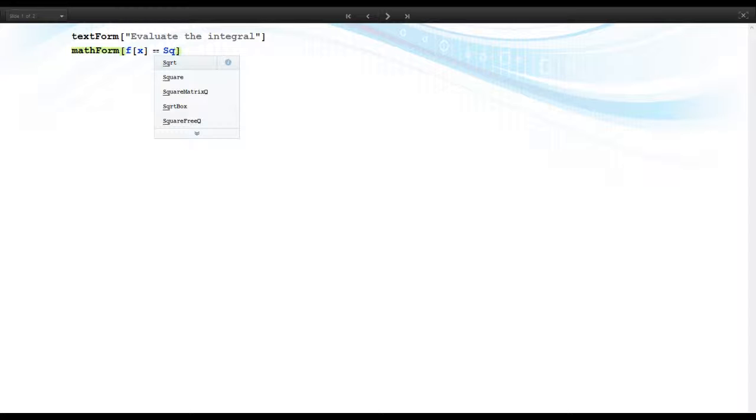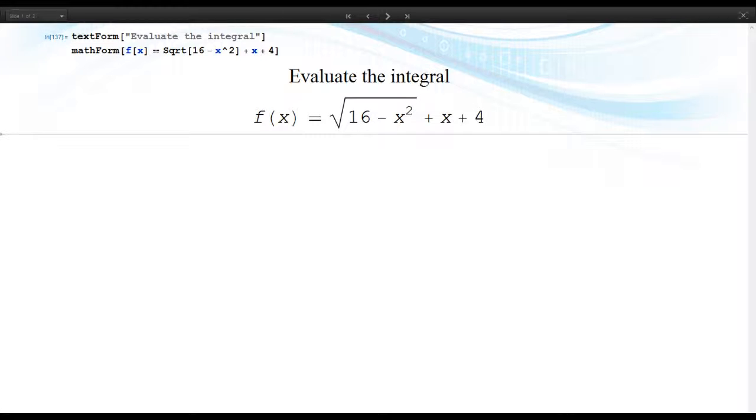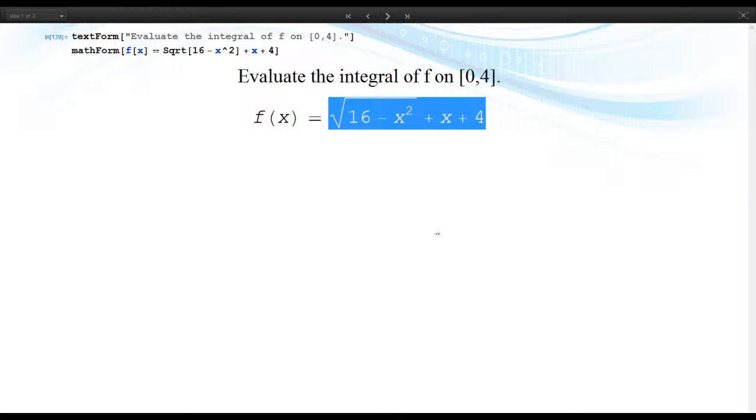Let's do the square root of 16 minus x squared plus, how about, x plus 4. So we're going to integrate this function on the interval from 0 to 4. There we go. So this function will be our integrand. We'll integrate it from 0 to 4.